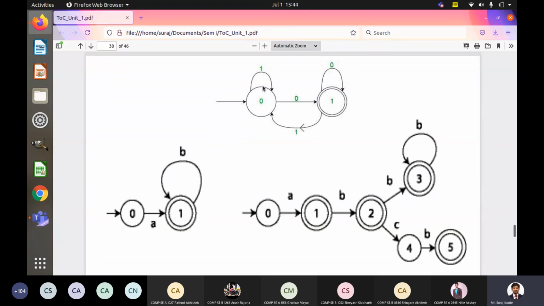Here on 0 there is a loop, called a self loop. On 1, again a self loop is there on input 0. From 0 there is a transition to state 1 on input 0, and from 1 there is a transition to state 0 on input 1. It moves from 1 to 0. Now what can it represent? It is a NOT gate.